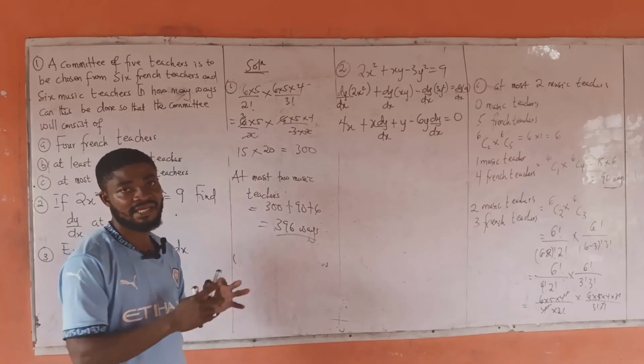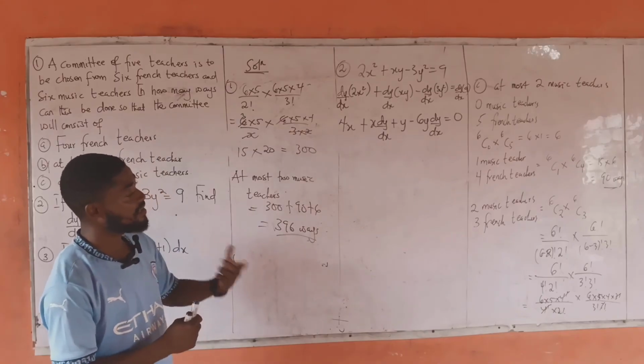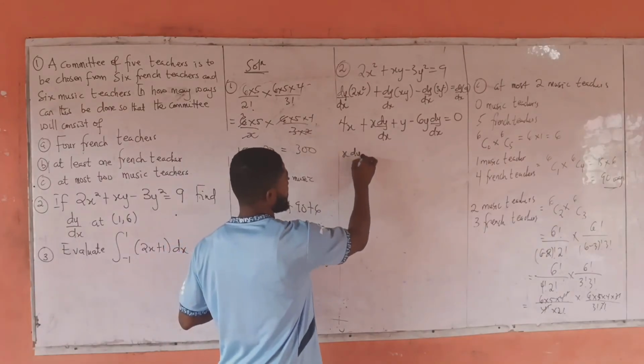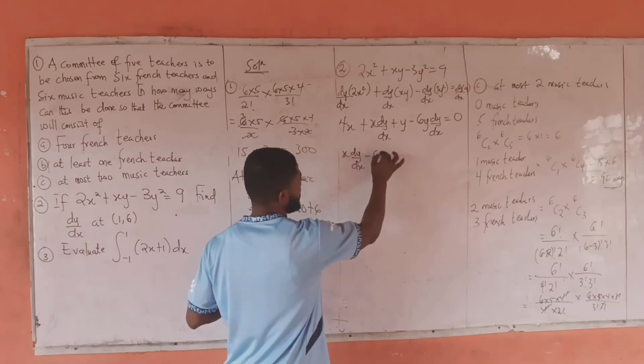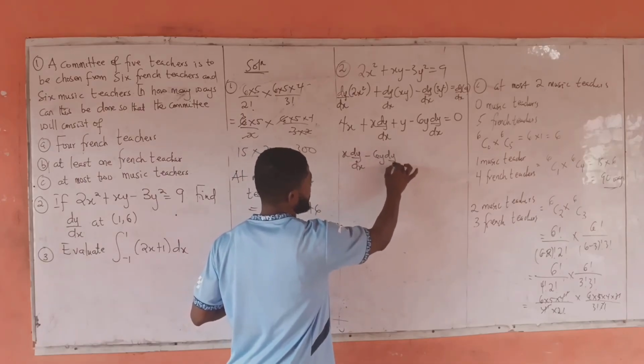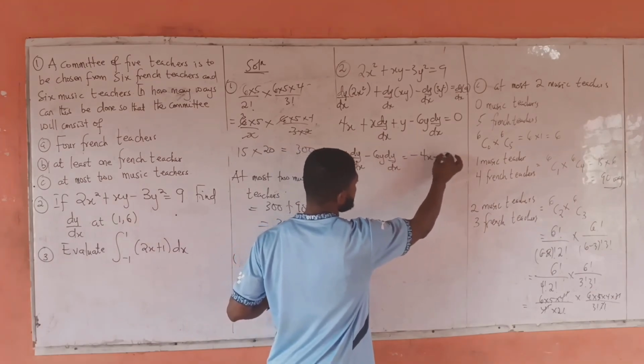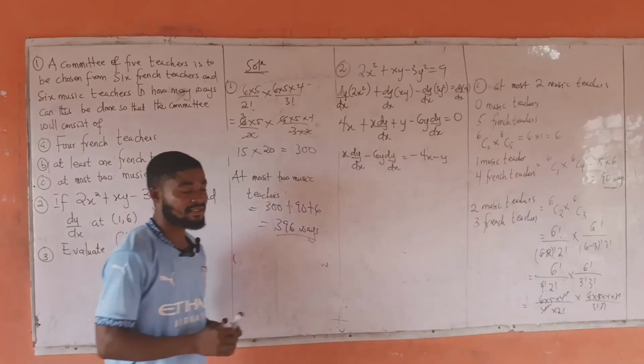So we have this. Now we have to group like terms. The one with the dy/dx should come to one side. The one without dy/dx should go to the other side. So we have this situation.